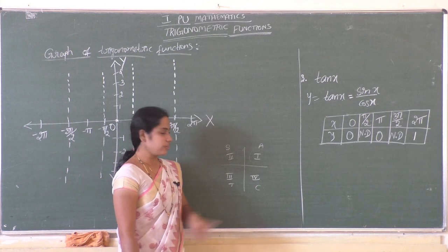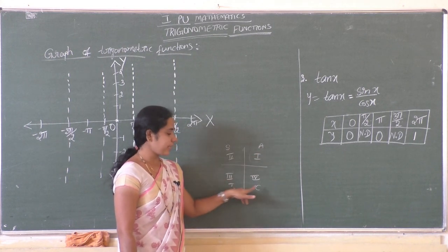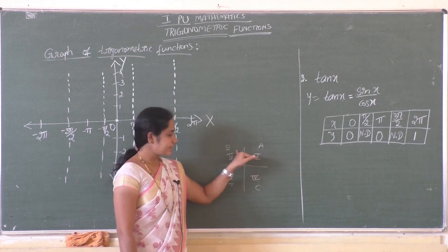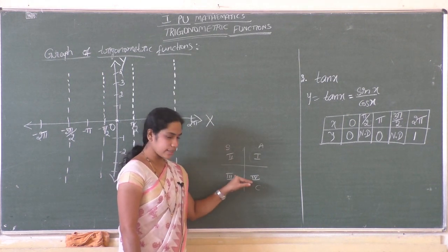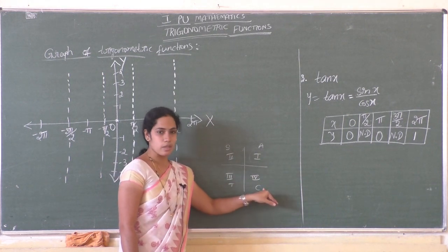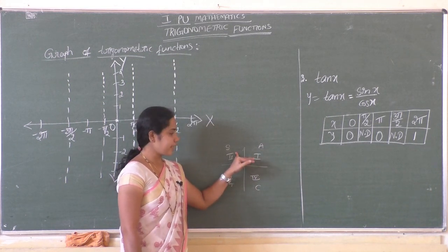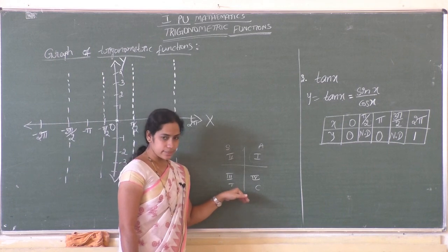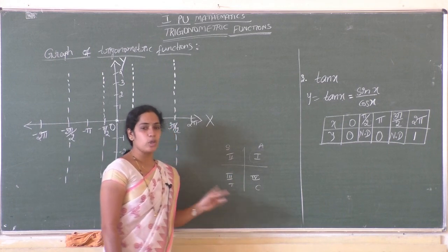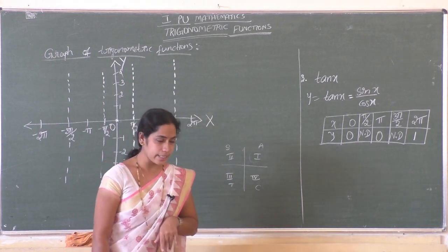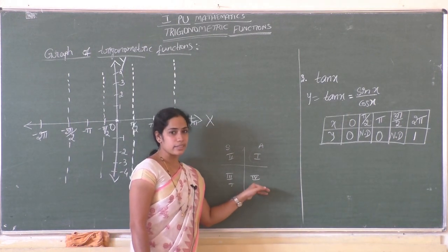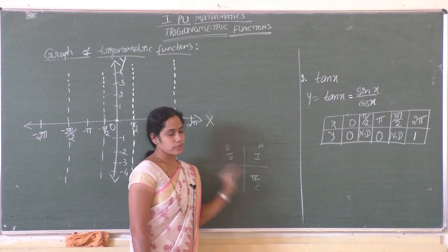How can we remember? All students take coffee. Here sine is positive, which means cos is negative. Here tan is positive, that means both sine and cos are negative. Here cos is positive, that means sine is negative. Okay?